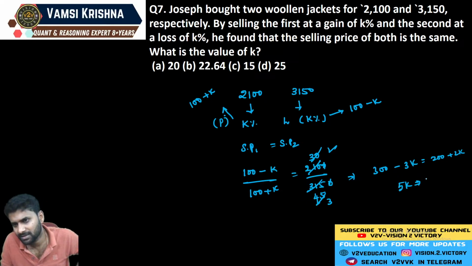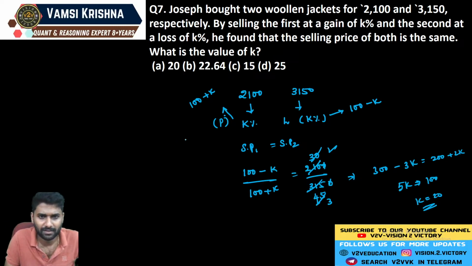So 5k is equal to 100 and k is equal to 20. Guys, if you want the derivation for this question, selling price is equal to cost price into profit multiplier or loss multiplier, right?